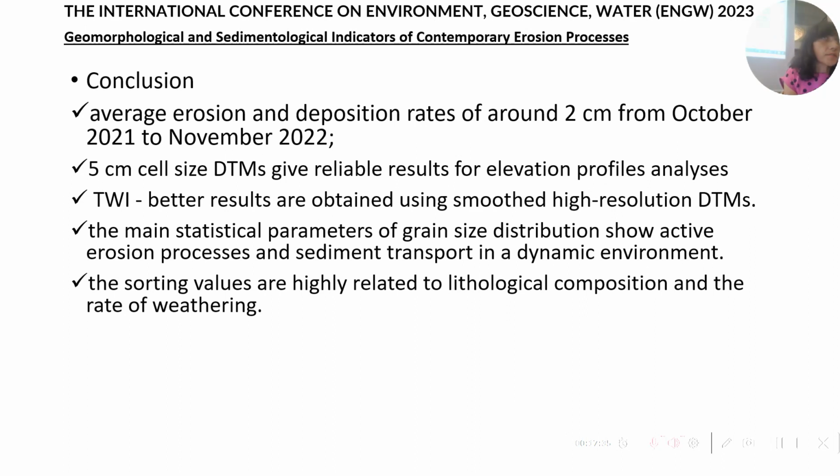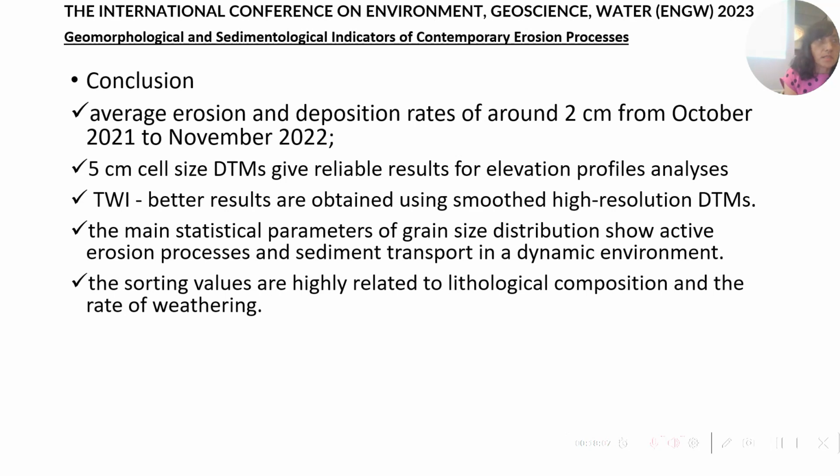We observed low or high values. 5 centimeter cell size digital terrain models give reliable results for assessment of elevation profiles and analysis of the changes of the topographic surface. Topographic wetness index gives better results using smoothed digital terrain models.